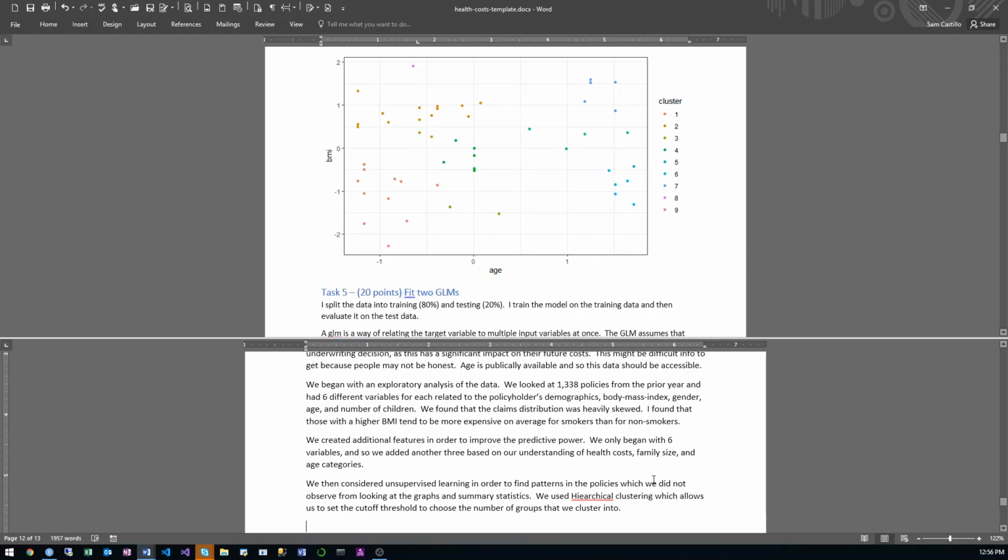We did not find any clear patterns, and so this info was not used further.